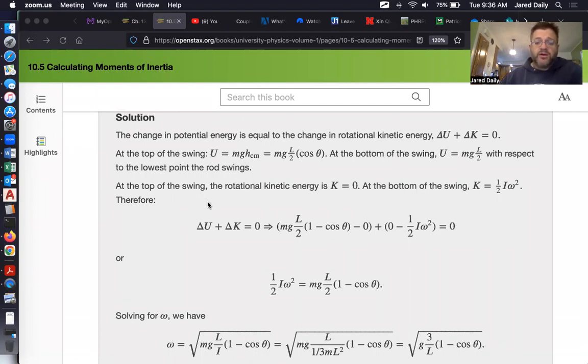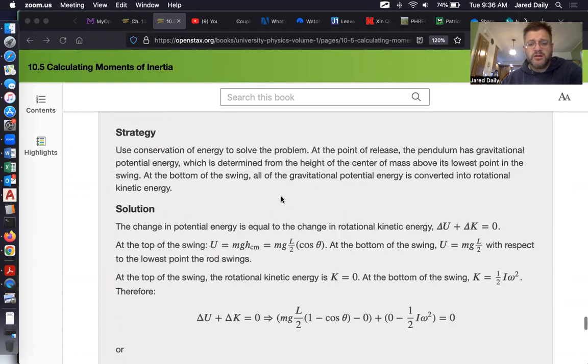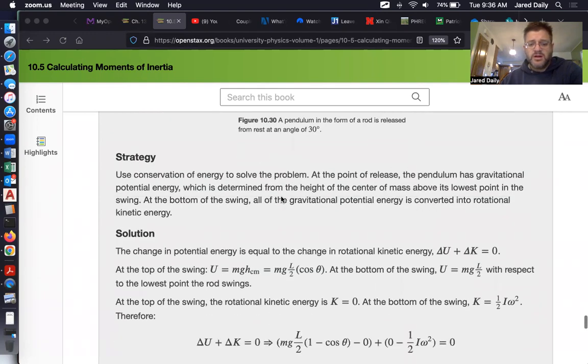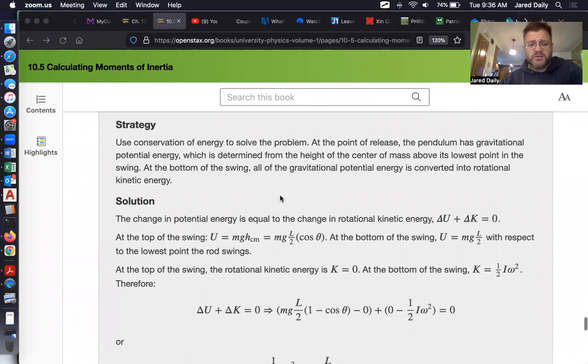Then we go ahead and plug that into our equation. So mass times g times L over 2. Let's see here. We actually wanted the top of the swing and the bottom of the swing.